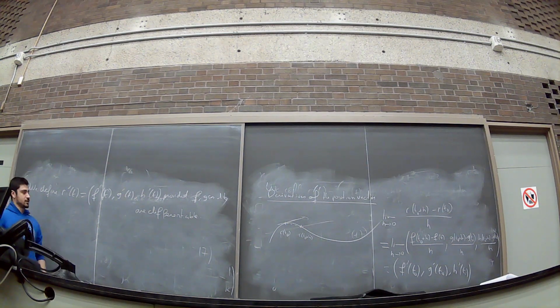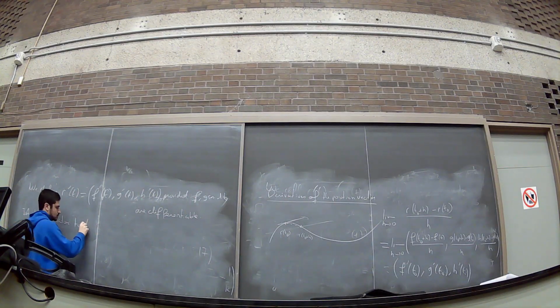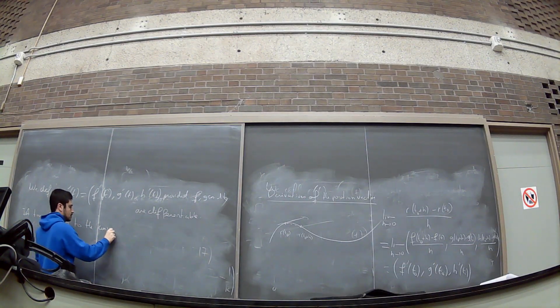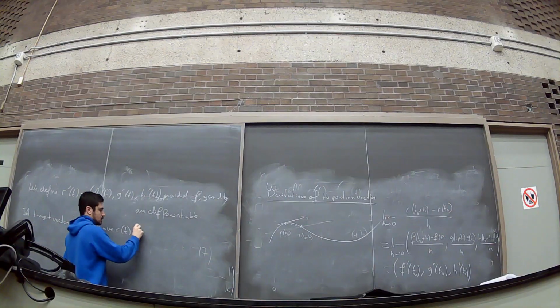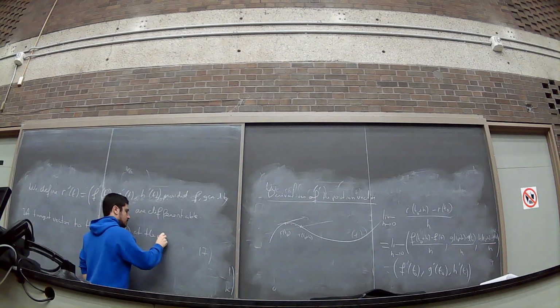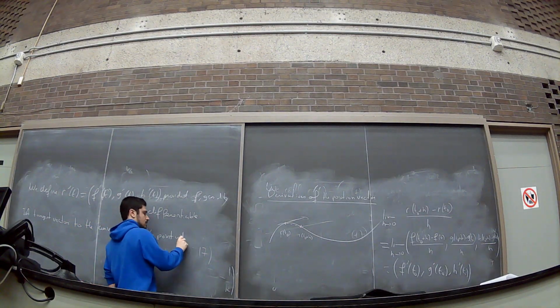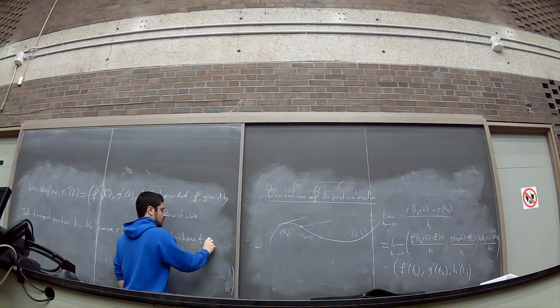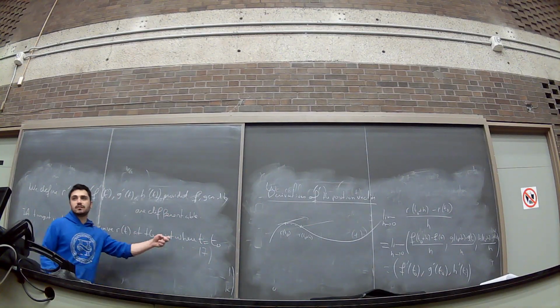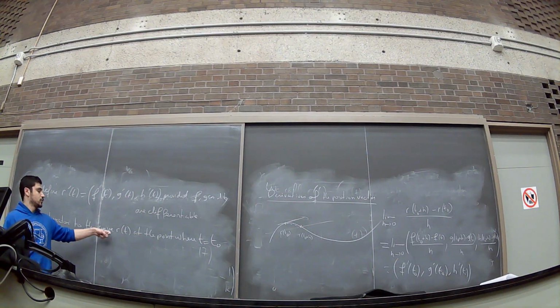Now, what's the tangent vector to the curve R of t at the point where t is equal to t0?